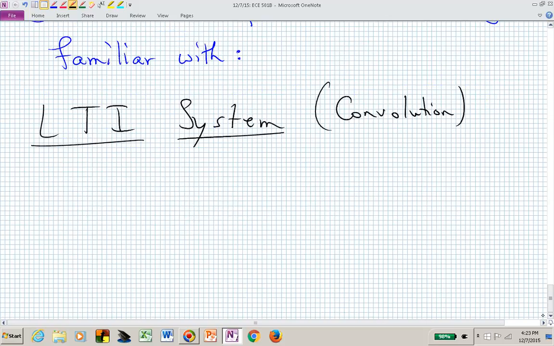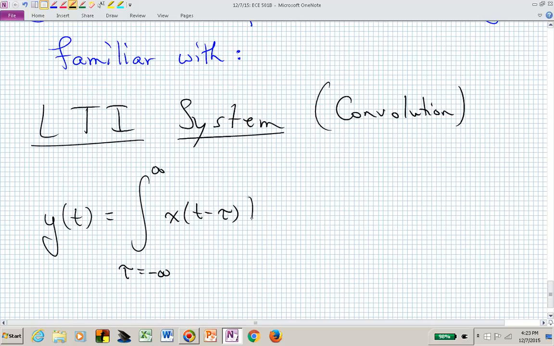In this case, let's say that we now have y of t, the output function, equal to this integral from tau equals minus infinity to infinity of x of t minus tau, h of tau, d tau. And what we want to show is that that could actually be thought of as a linear operator applied to our input x of t.